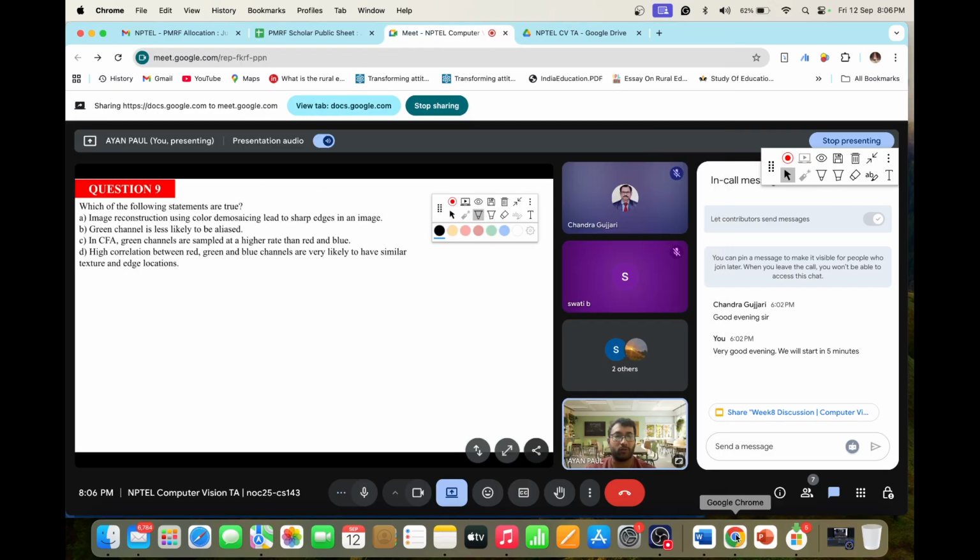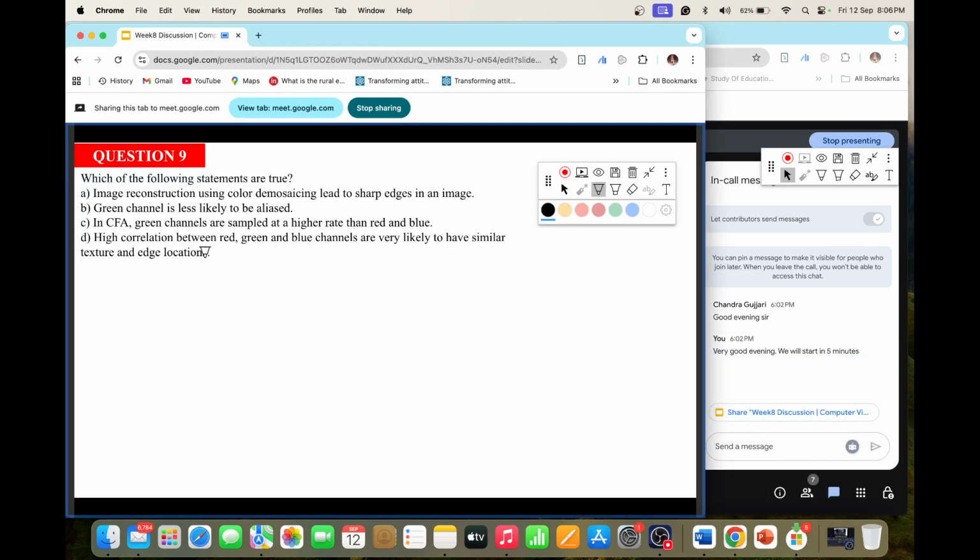Okay, so let me show you. Let's start with this. Green channel is less likely to be aliased. This is very true, because that is why green channel is more present than red and blue. That is why we call the Bayer approximation the Bayer CFA, as green and non-green, G and NG. So green is more dominant. Why?